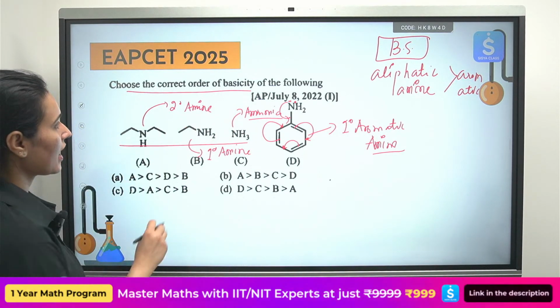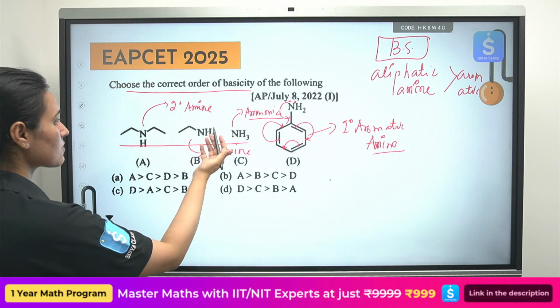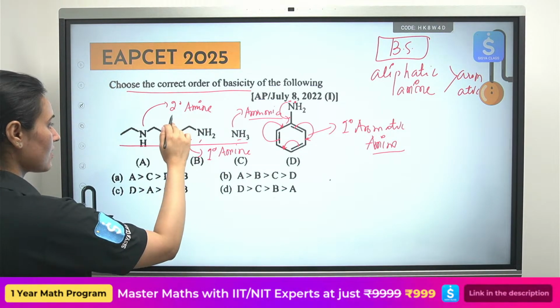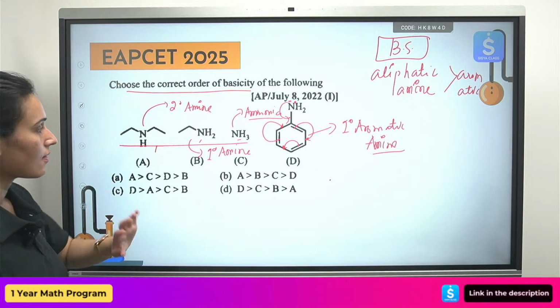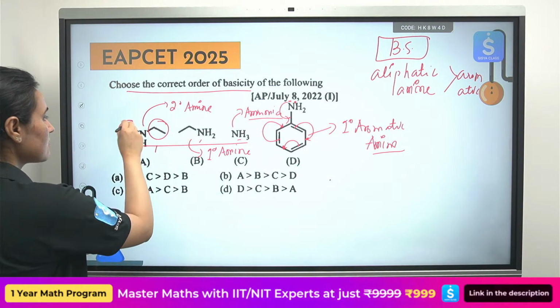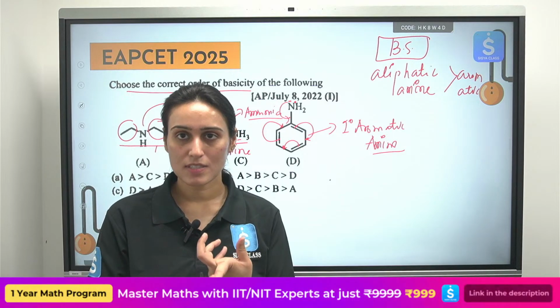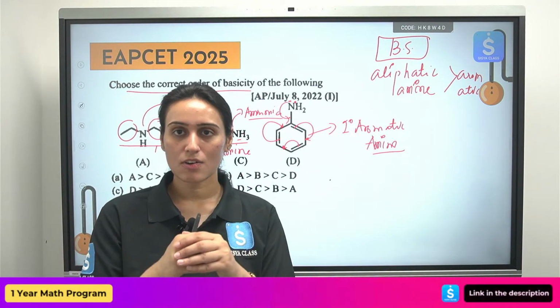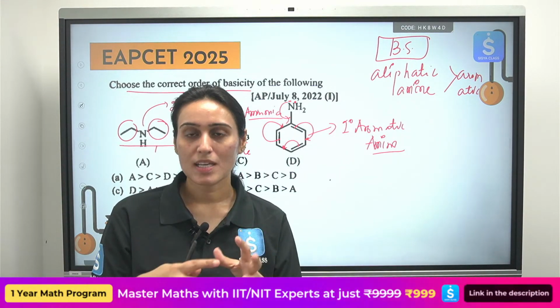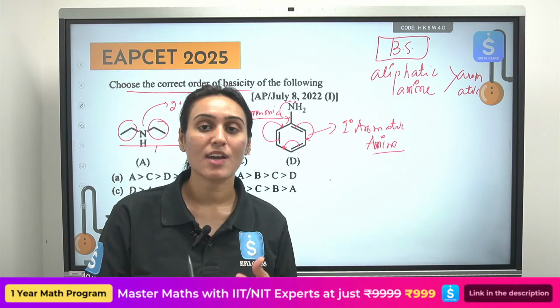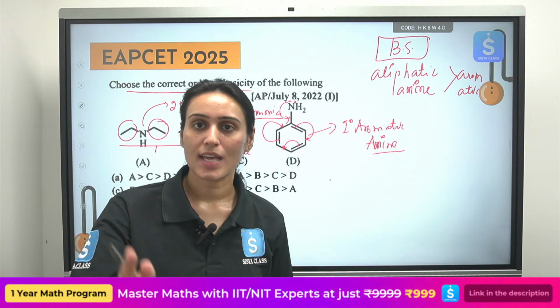So, if you have the option to choose between ammonia, a primary amine and a secondary amine, how will we compare? You have two alkyl groups here which are increasing the electron density on your nitrogen in case of secondary amine. If they're increasing the electron density on nitrogen, that means you have greater availability of charge density that can be donated.